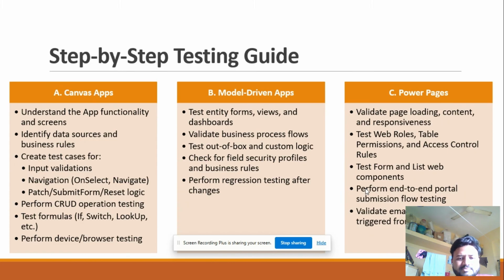And last, perform regression testing after changes. In Power Pages, validate page loading, content, and responsiveness. Test web roles, table permissions, and access control rules. Test forms and list components, and perform end-to-end testing on the portals.